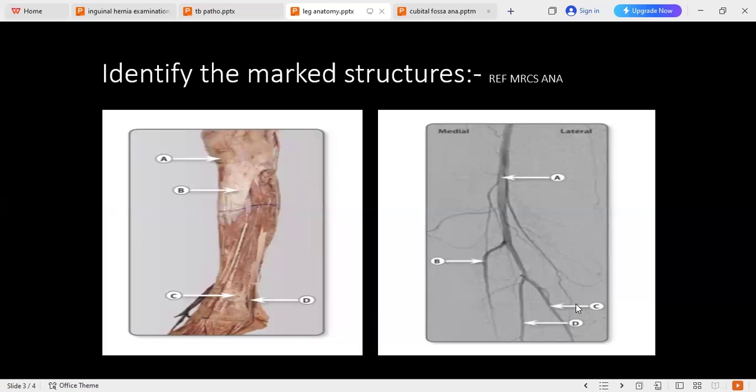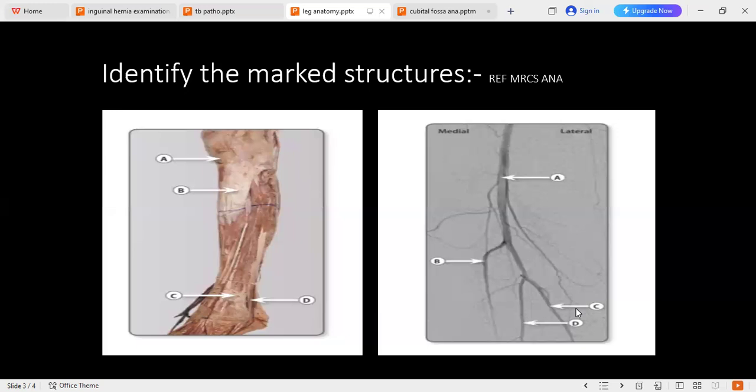Right. You could see structure C here, right? But I want you to imagine that this structure passes behind the medial malleolus between which two structures? Flexor hallucis longus and flexor digitorum longus.